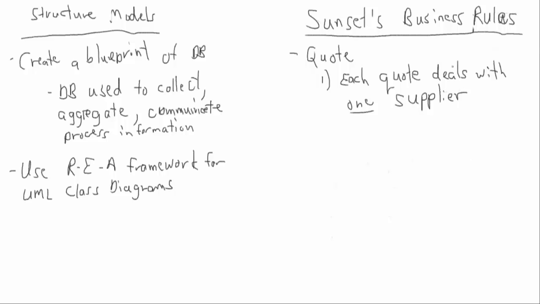So let's see how that might look as we start to model this out. First, remember, we're going to use the REA approach, so our resources will be over on this area of the diagram. The events somewhere in the middle, agents over toward the right.